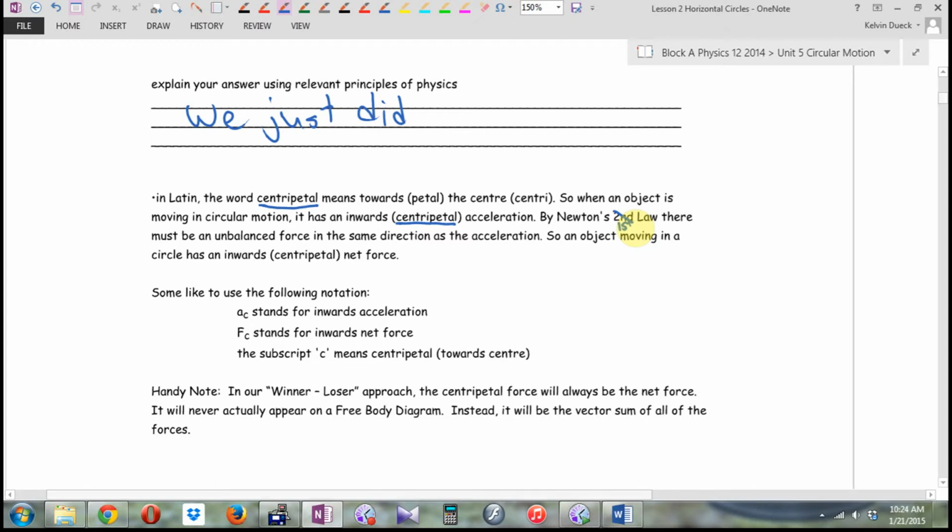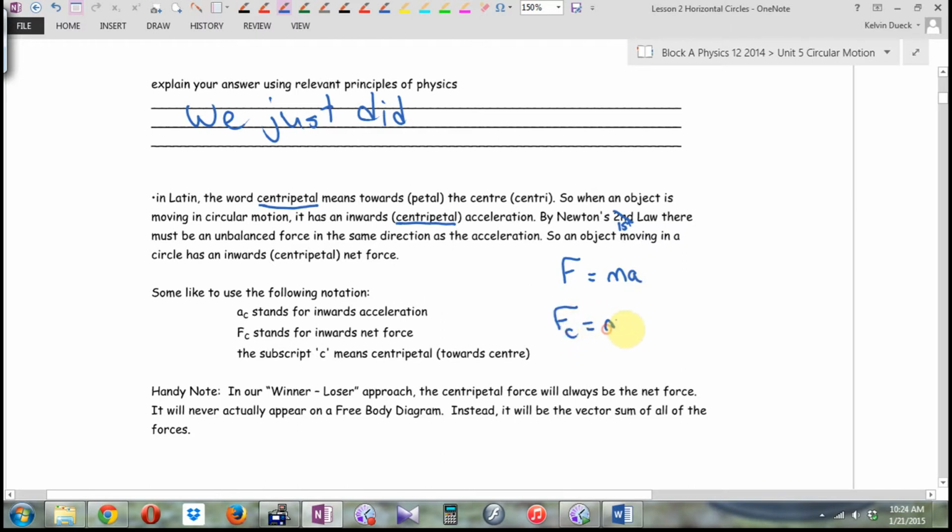So I like to use the following notation. For the rest of the year, if you see that, I'm talking about Unit 2 straight line forces. If you see that, that's centripetal force. F equals ma.